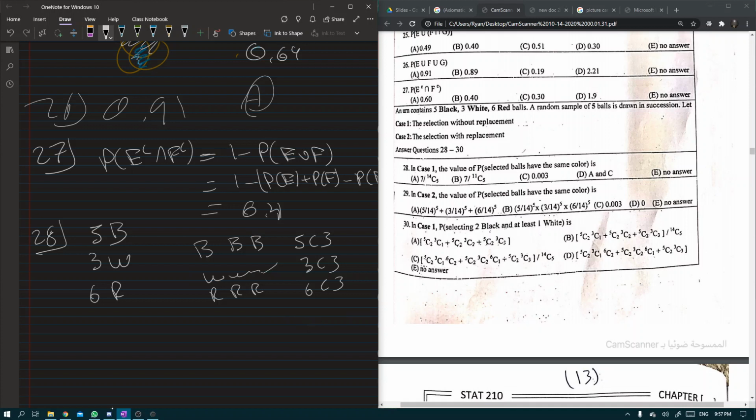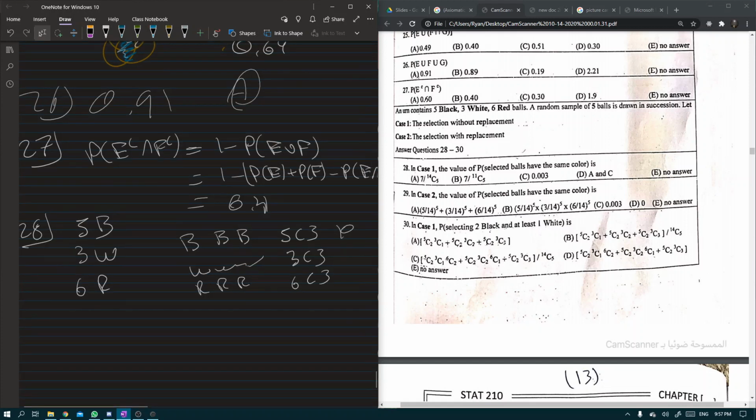Now this is the probability, so we need to divide. Okay, let's calculate this first. 5C3 is going to be 10. 3C3 is 1. 6C3 is 20.